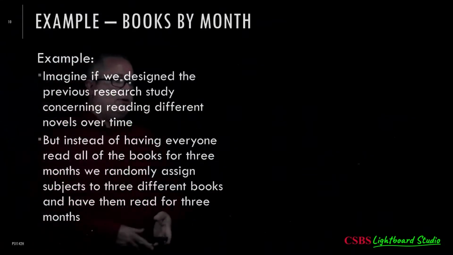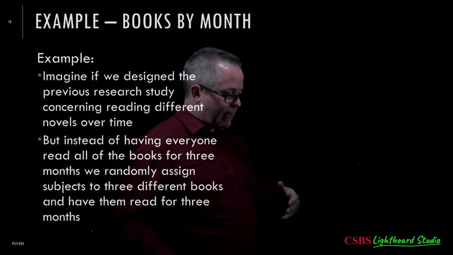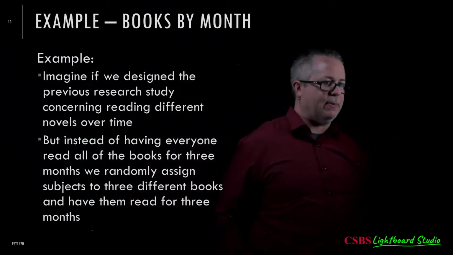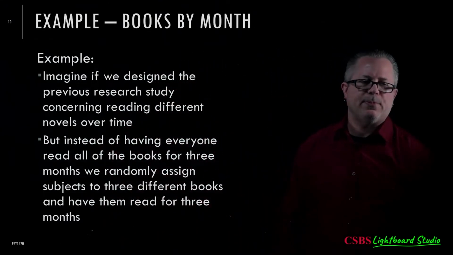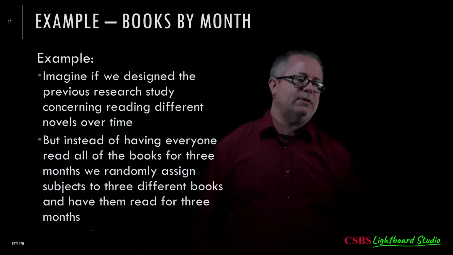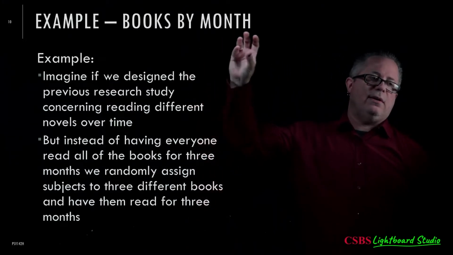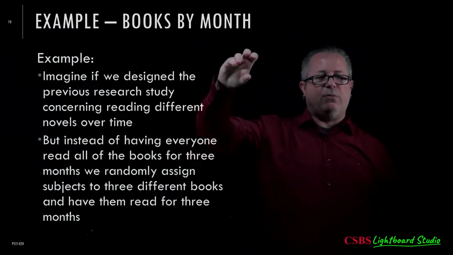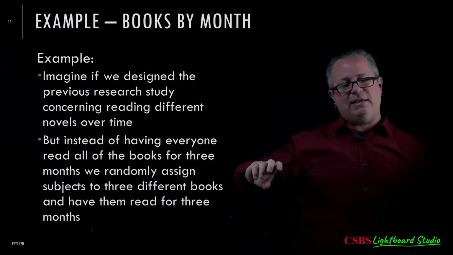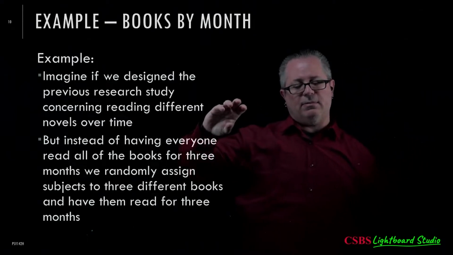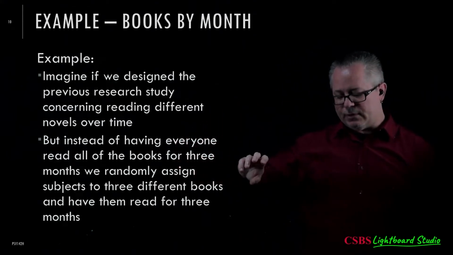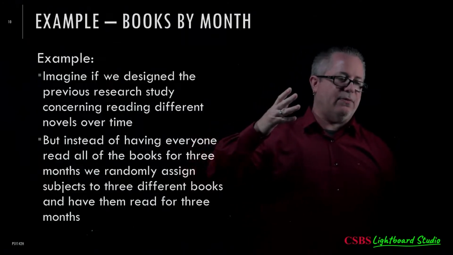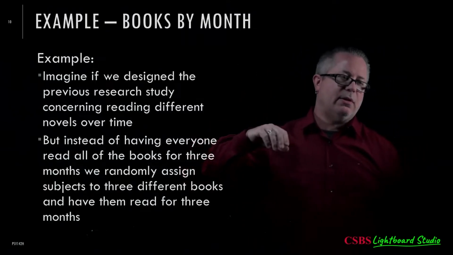All right, so imagine if we designed it like the example we used before, where we had people reading books over months. Instead of everyone reading science fiction and mystery for 3 months, people get randomly assigned to read either mystery or science fiction, and then we check in with them every month.